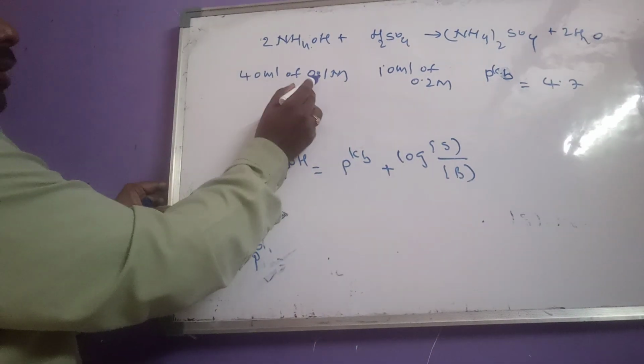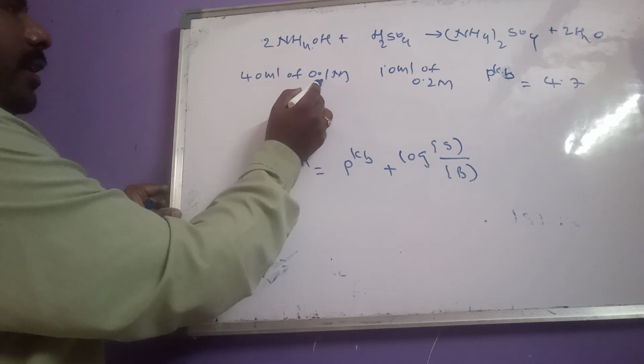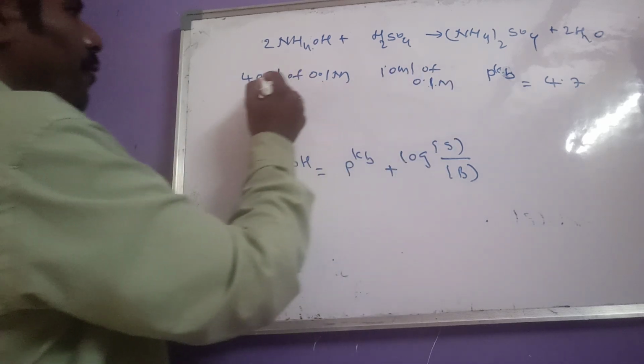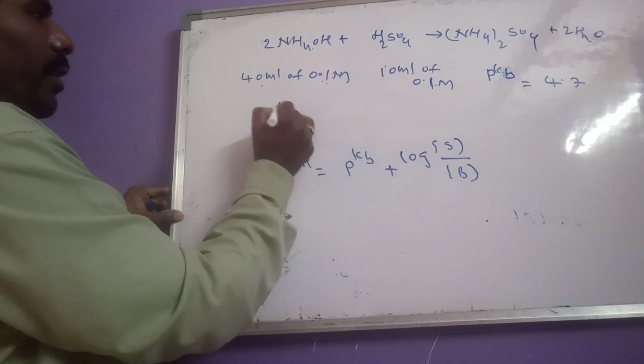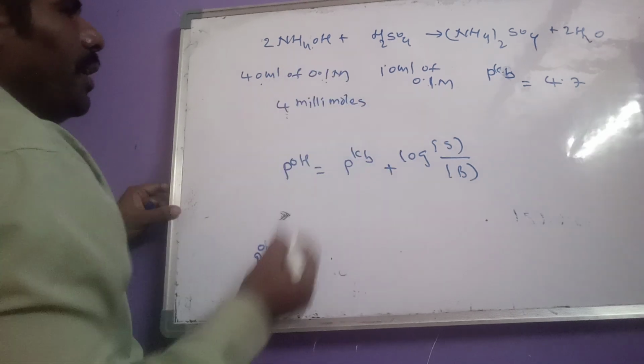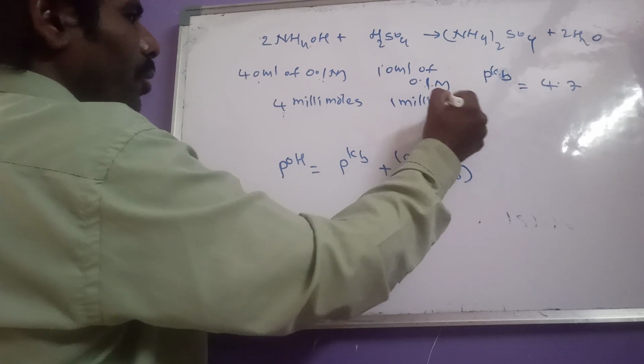Now 40 ml into 0.1 M means 4 millimoles, and sulfuric acid 1 millimole.